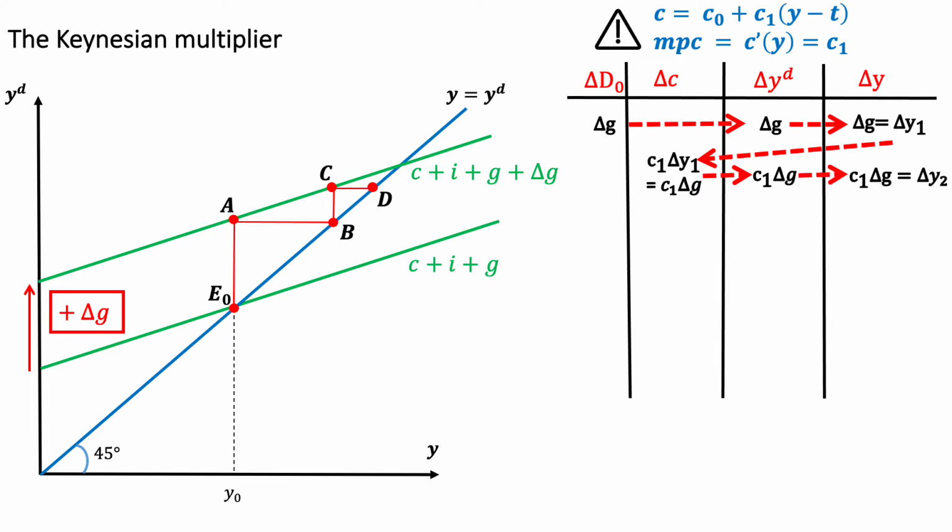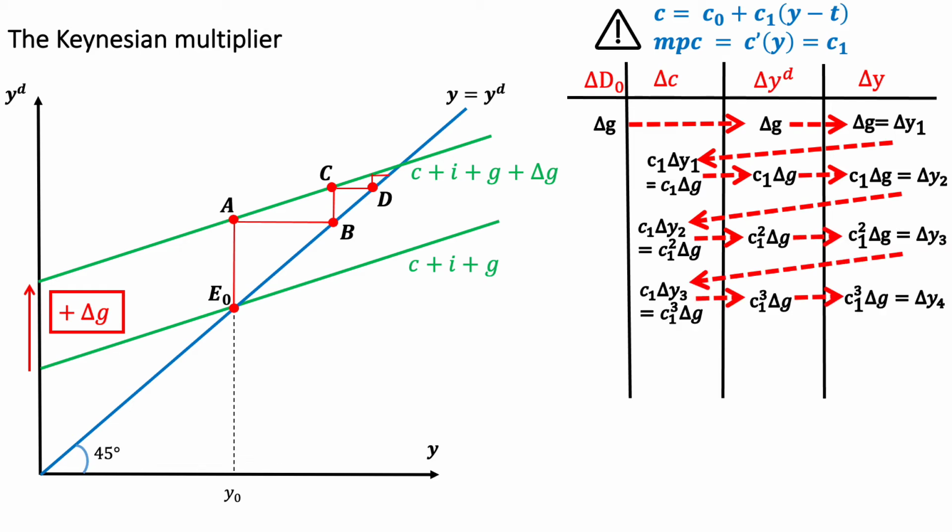This increase in consumption leads to a new increase in demand towards point C. This increase in demand will then lead to a new increase in production and therefore in income. Hence, we end up with an increase in income delta Y2 equals to C1 times delta G. Note that because C1 is between 0 and 1, this second wave of increase in income is lower than the first one, delta Y1.